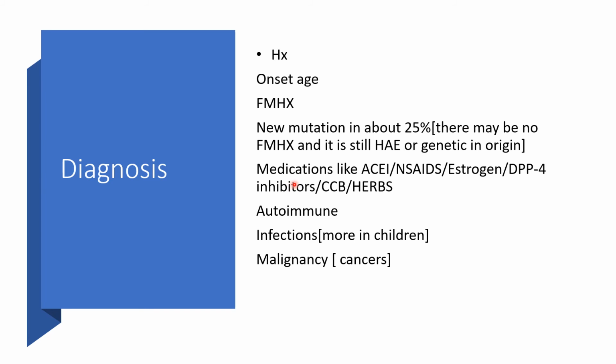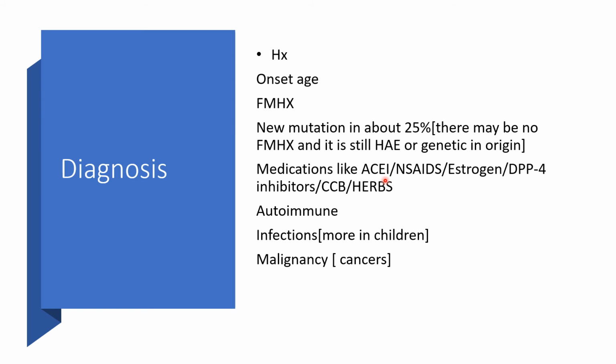Then we'll go further down to medications. Are you on ACE inhibitors like ramipril, in people with diabetes mellitus? Though it's not because they have high blood pressure, they are on it so as to give them cardiorenal protection.